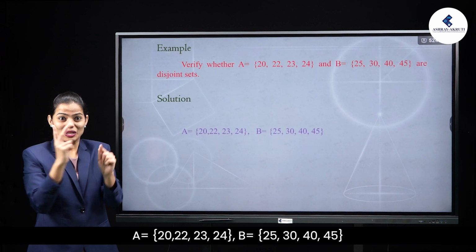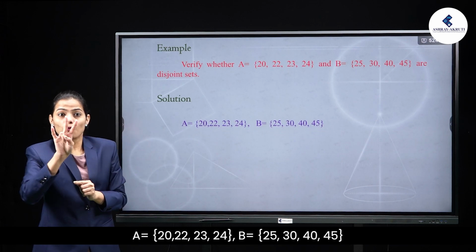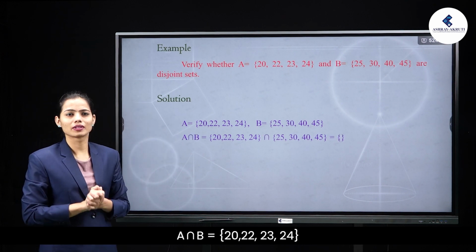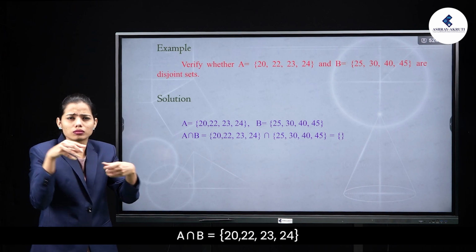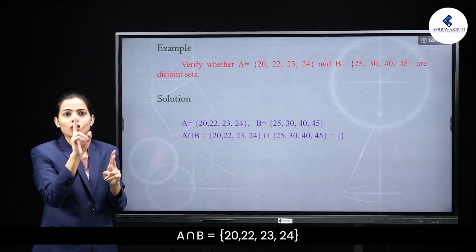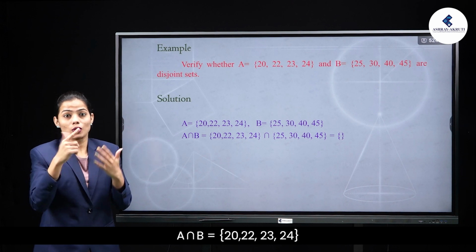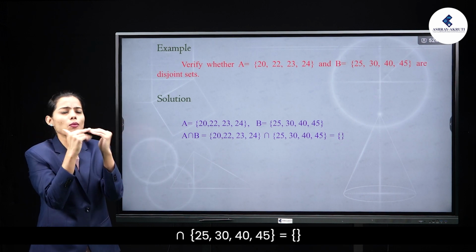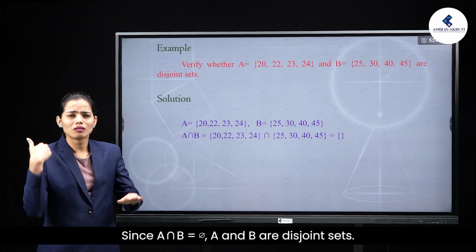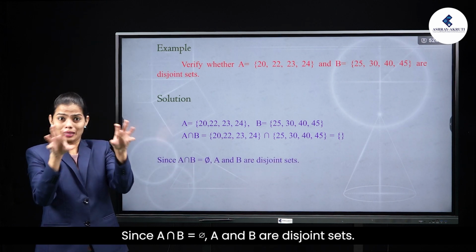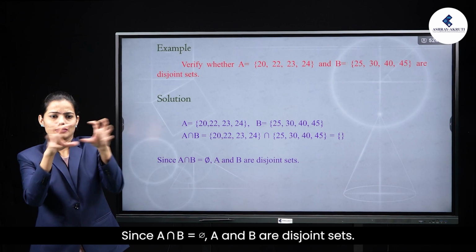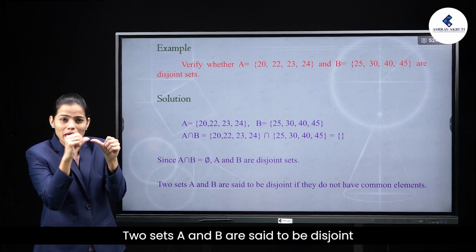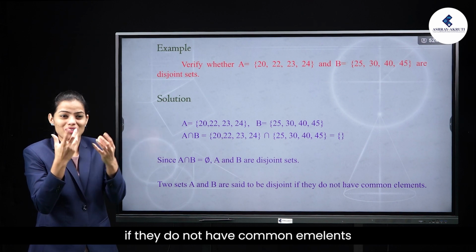Solution: A = {20, 22, 23, 24}, B = {25, 30, 40, 45}. A ∩ B = {20, 22, 23, 24} ∩ {25, 30, 40, 45} = ∅. Since A ∩ B = ∅, A and B are disjoint sets. Two sets A and B are said to be disjoint if they do not have common elements.